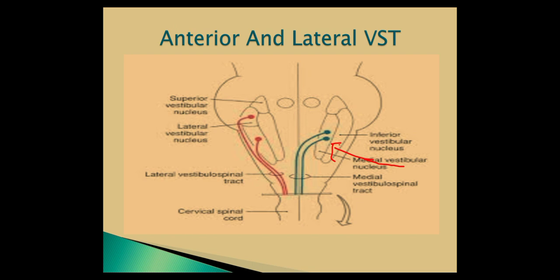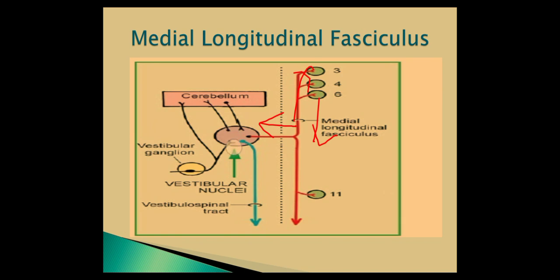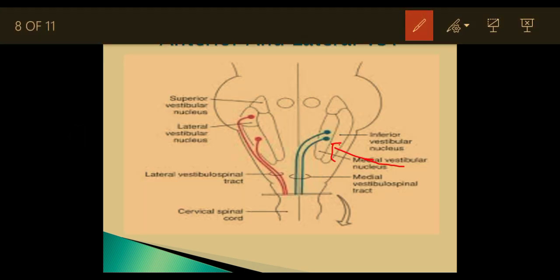This tract is present in the lateral part of the lateral white column of the spinal cord, and it originates from the lateral vestibular nucleus. The axon fibers arise from these lateral vestibular nuclei, descend downward, extend throughout the spinal cord segments, and eventually terminate in the anterior gray horn nuclei.